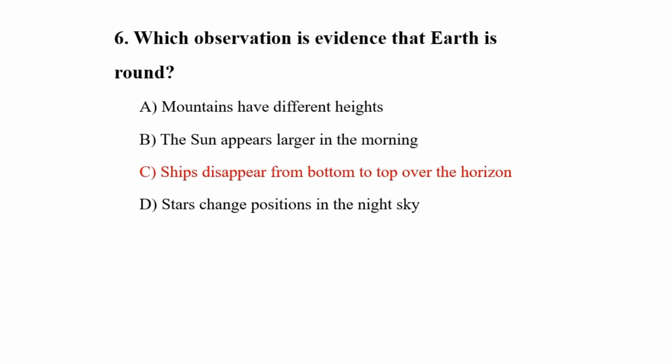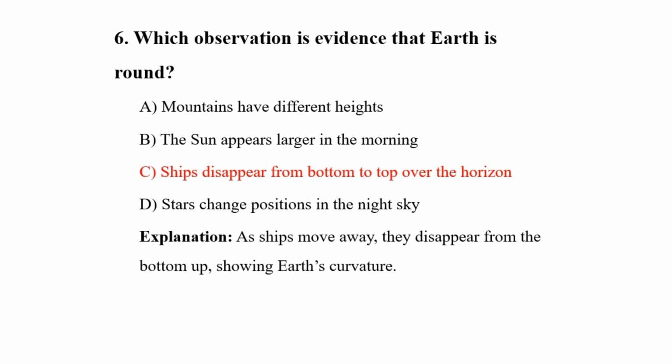The answer will be ships disappear from bottom to top over the horizon. As ships move away, they disappear from the bottom up, showing Earth's curvature.